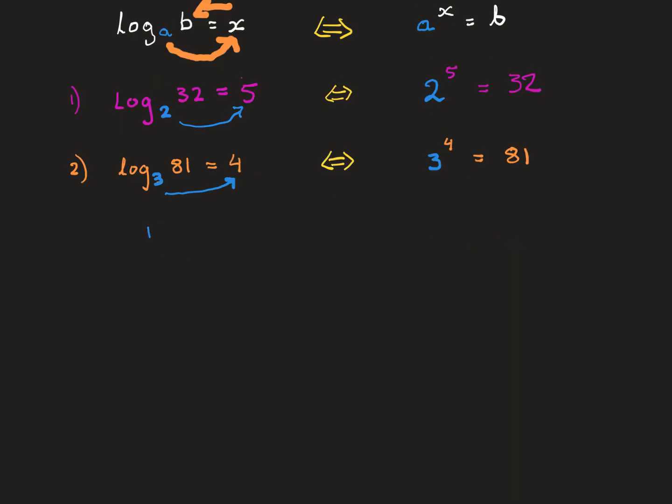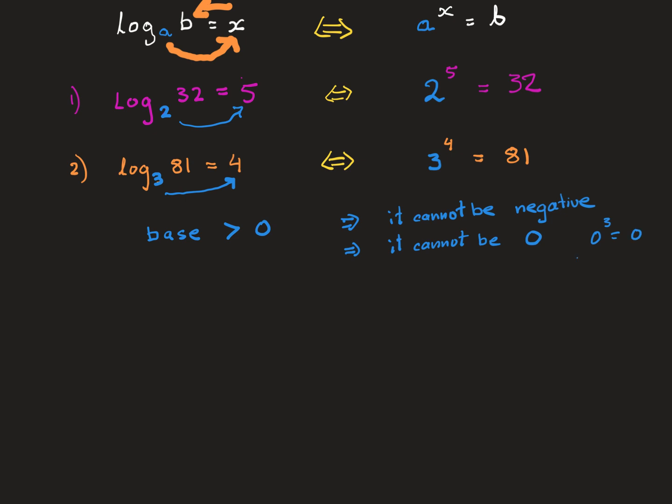Okay, have you noticed that the base changes, but the base always has to be greater than 0? Which means that it cannot be negative and it cannot be 0. Because 0 to the power of anything will be just 0. 0 to the power of 3, well, that's just going to be 0.